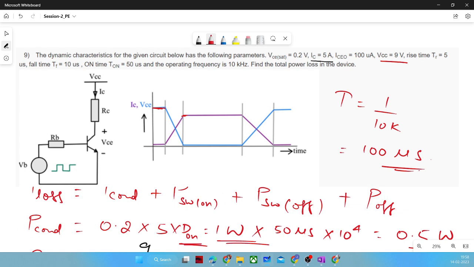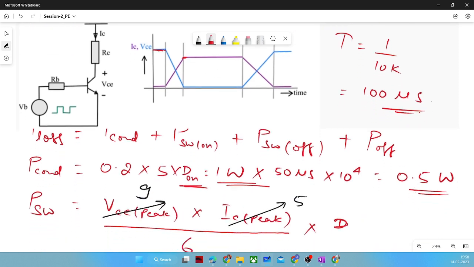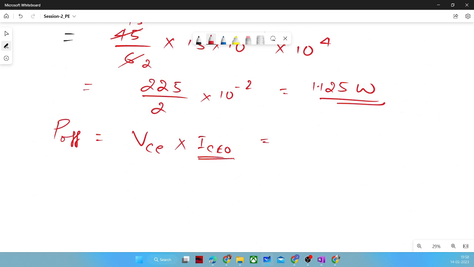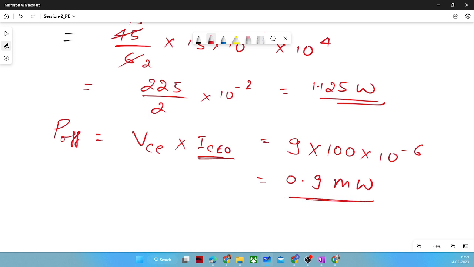VCE is equal to, where was it? Yeah, 9 volt. So 9 volt into ICEO is 100 microampere. That will be 0.9 milliwatt, right? So all are in watt and it is in milliwatt.